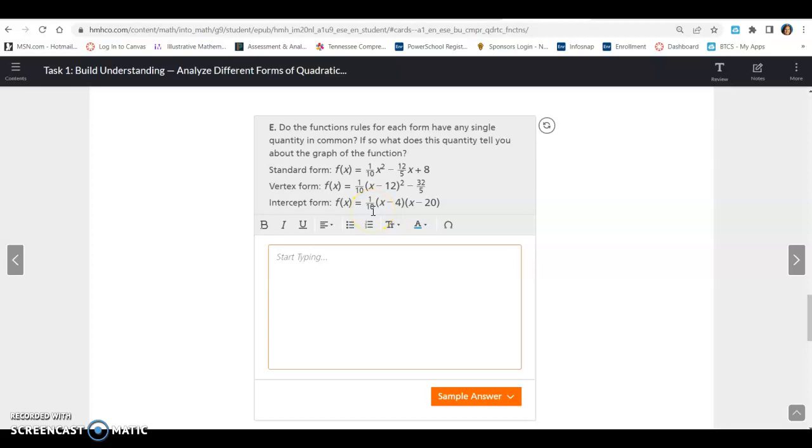That does tell you if it turns up or down, depending on whether it's positive or negative. And it also tells you if it has a compression, if it shrinks or expands based on the number A here. So everything else is different, but the A does tell you that about the graph.